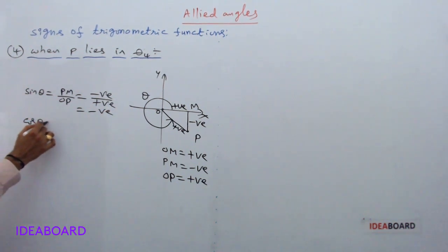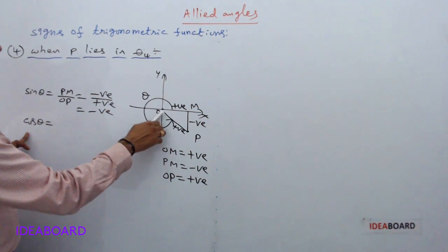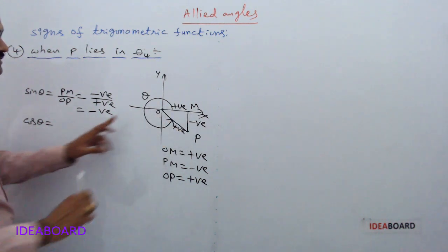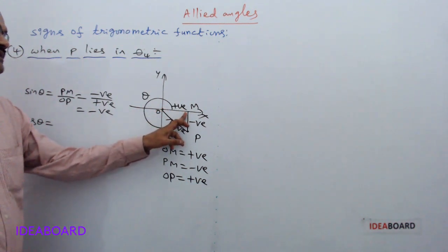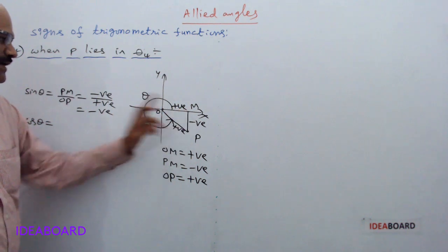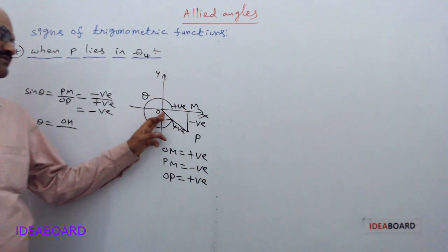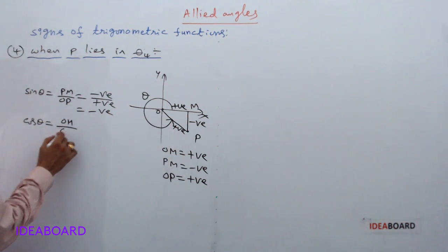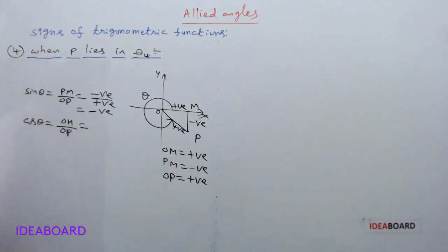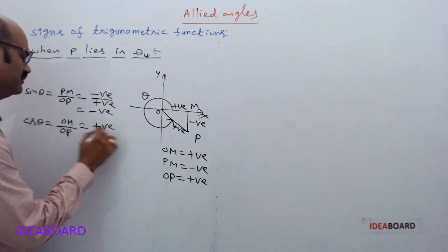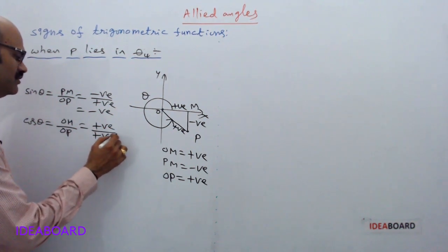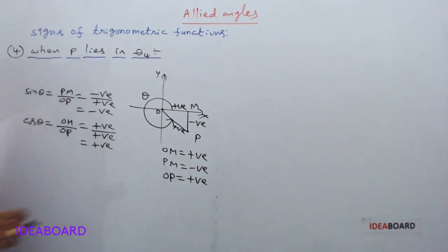Now cos theta equal to base. Base is along the x-axis, so base is OM. OM by hypotenuse OP, positive by positive, we are getting positive.